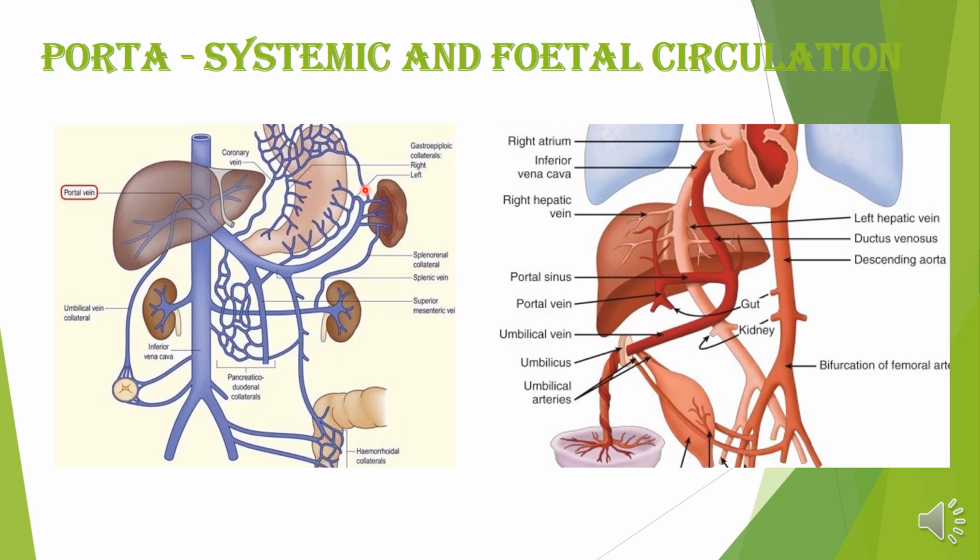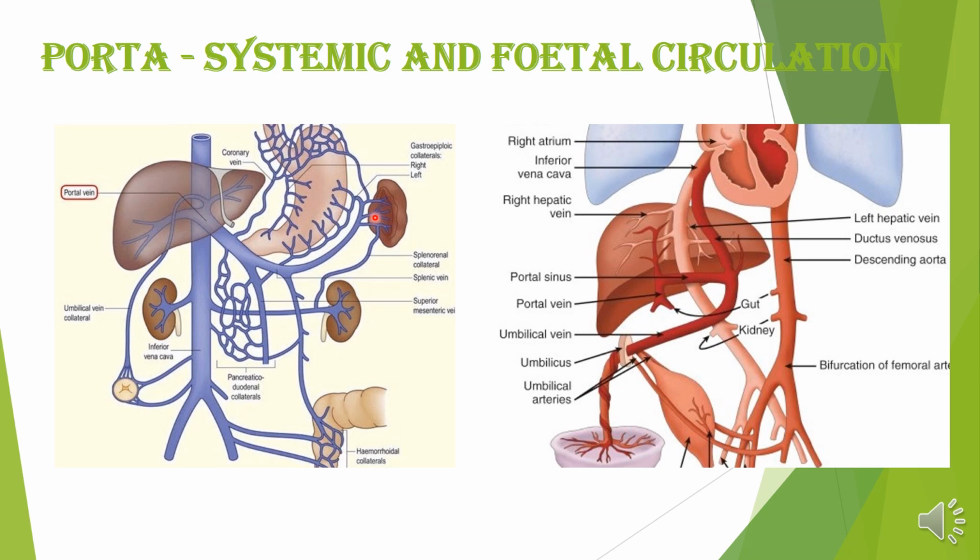Gastroepiploic collateral goes towards the gastric fundus, and this coronary vein also opens up and forms gastric varices at the gastroesophageal junction. Another one, when the pressure is even higher, this umbilical vein which was obliterated and formed ligamentum teres reopens, and this blood goes into the umbilical vein towards the umbilicus, and through the collateral it drains into the inferior vena cava.